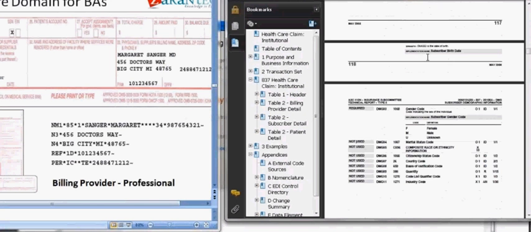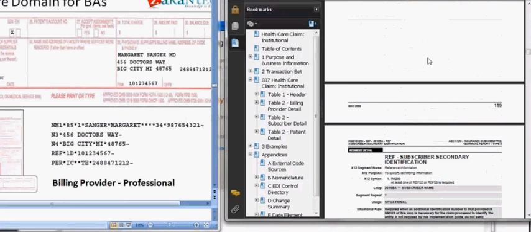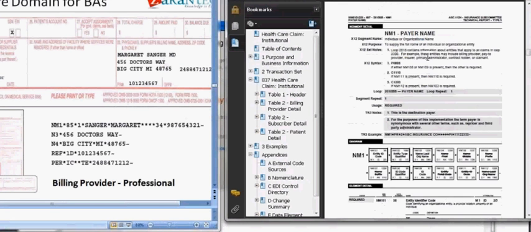I'm scrolling down to the billing provider so that I can correlate and let you know how these elements are separated.